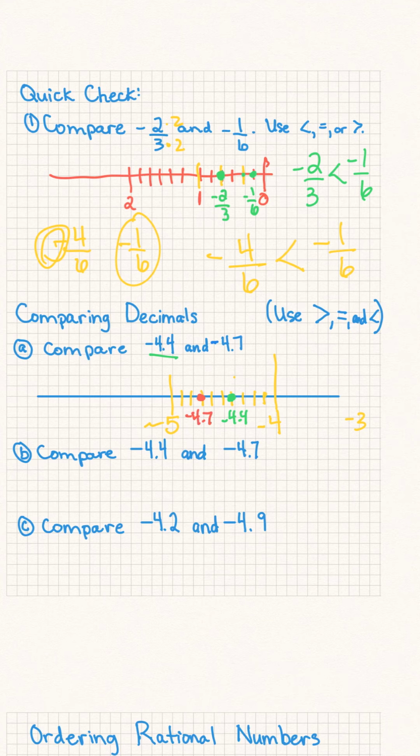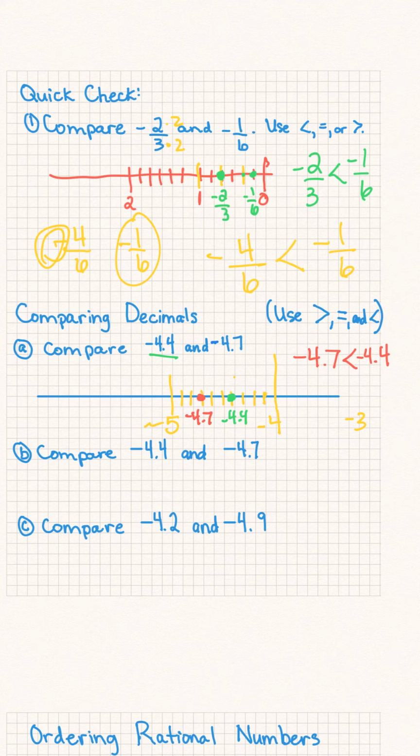So using the number line, negative 4.4 is bigger than negative 4.7. So you will write that negative 4.7 is less than negative 4.4.